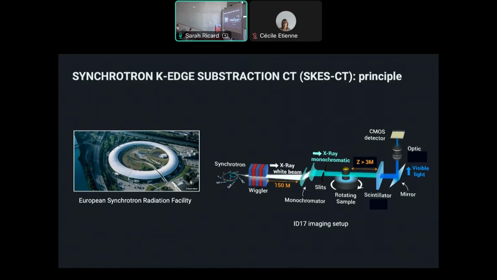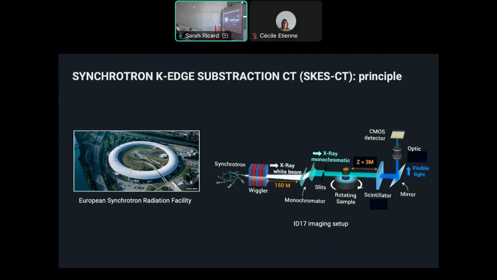And then we put the sample, and then we have the detector. Contrary to a normal CT scan, where you rotate around, here we rotate the sample.